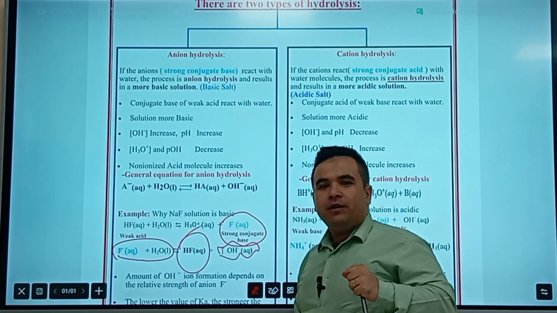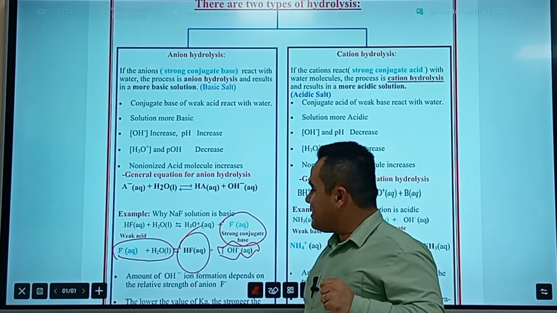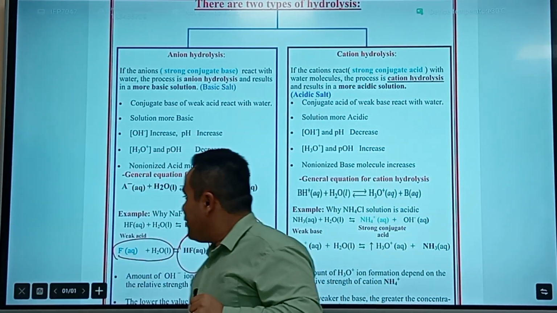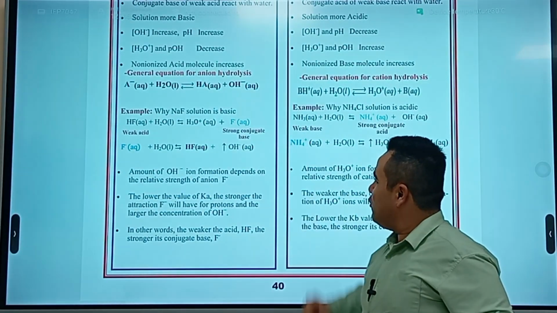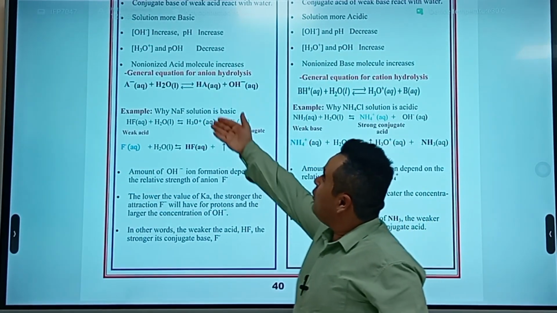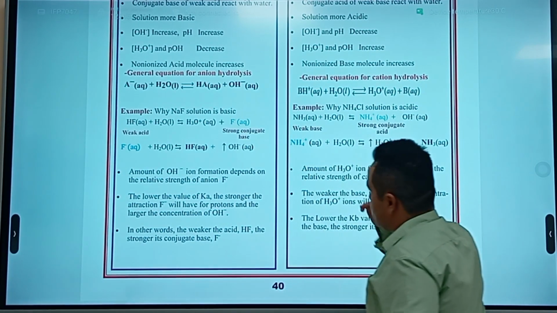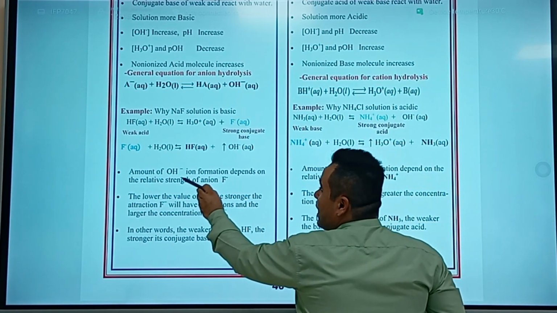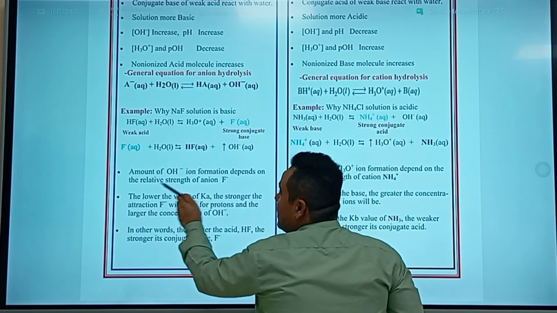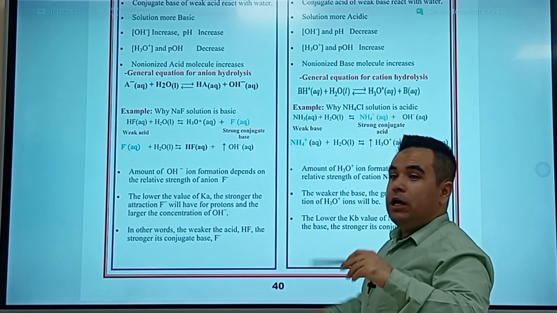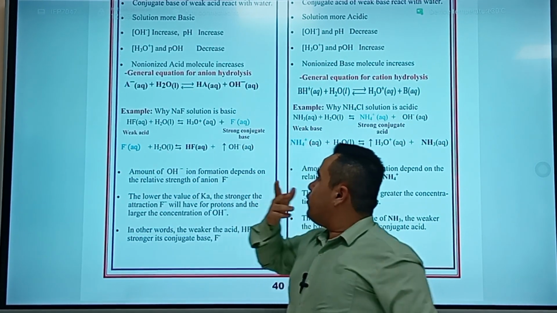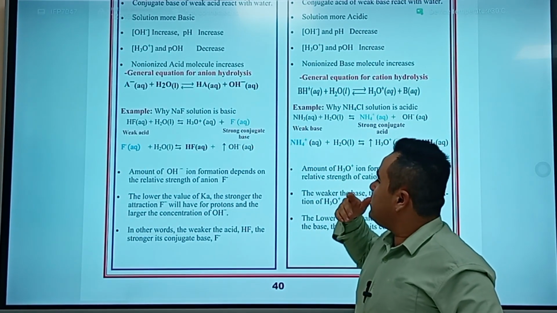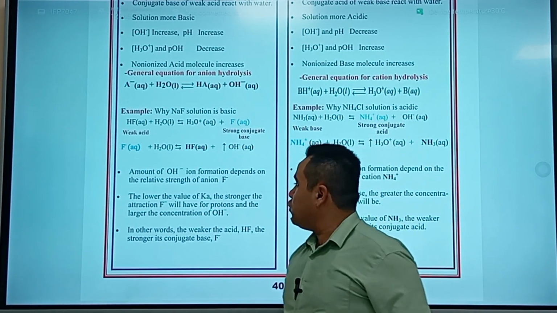The concentration of the non-ionized acid as well increases. So you have to know what's going on in anion hydrolysis and the general equation for anion hydrolysis as well. The amount of hydroxide ion formation depends on the relative strength of the anion. If the anion is stronger, coming from a weak acid, it will produce more hydroxide.